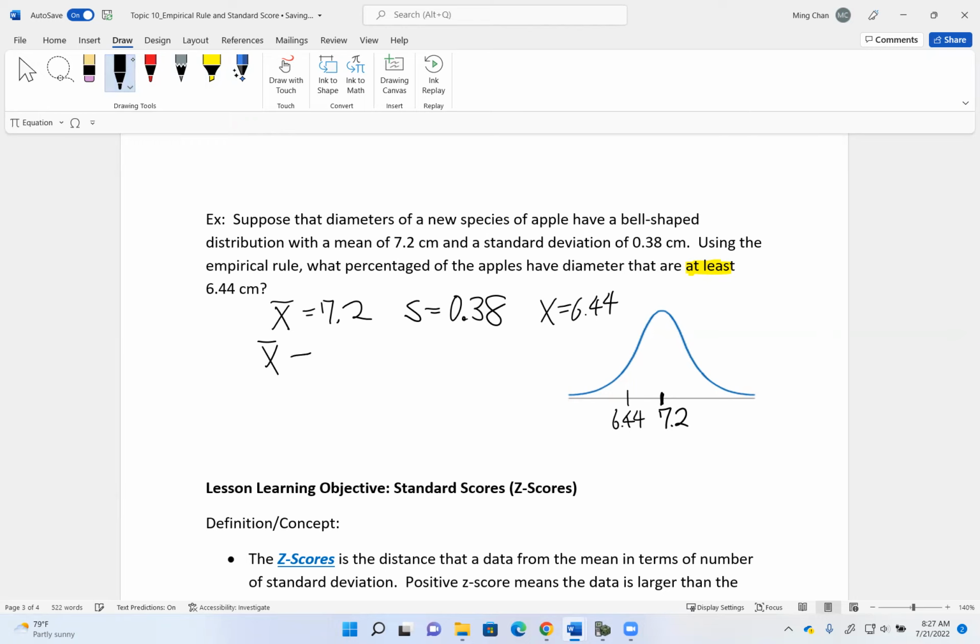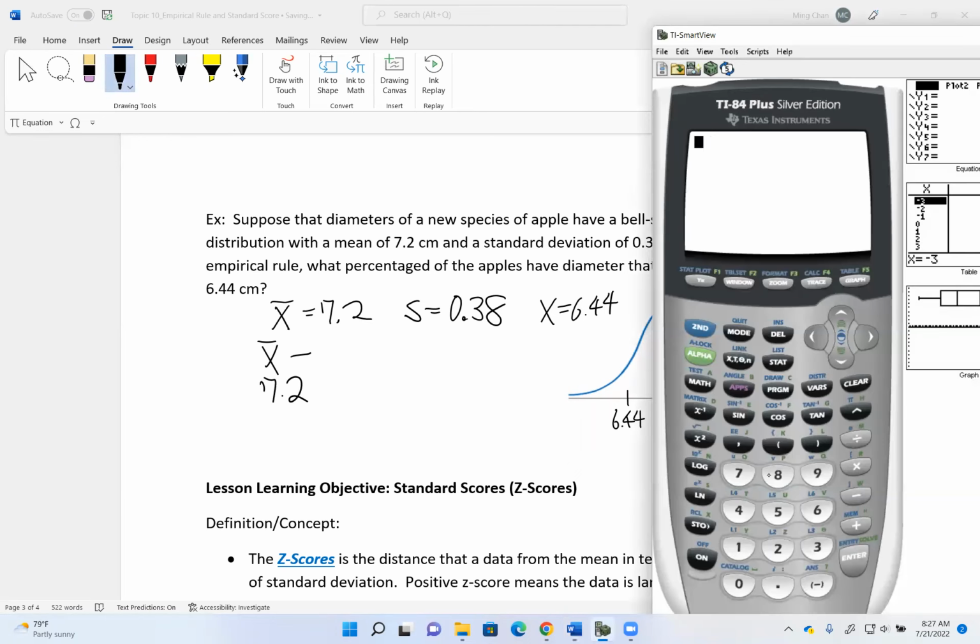Let's see how many standard deviations away. I will subtract this time, because to get to 6.44 I have to subtract from the mean. So 7.2 minus 0.38 is 6.82, one standard deviation. Subtract another standard deviation, 0.38, and we get 6.44.